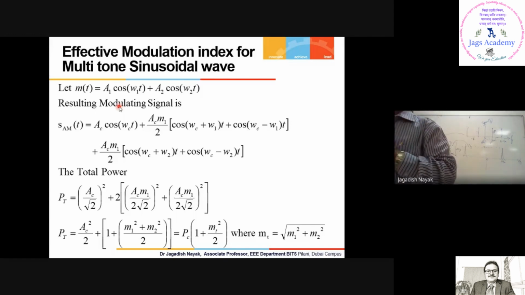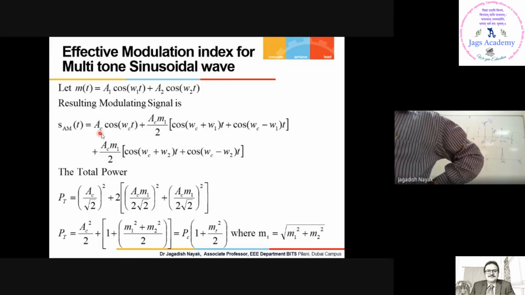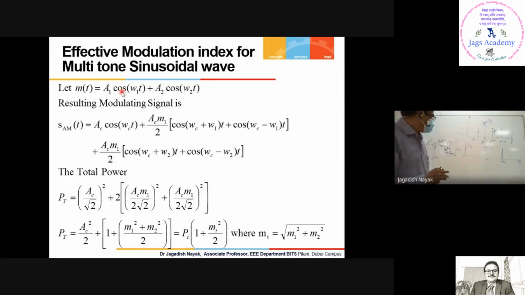Now can you write the power for this? Can you write the AM wave equation for this? Tell me. Your AM equation will be AC cos omega ct. So how do you get the equation for the AM wave? This is your m of t. I just skipped the step there. I think you all know mathematics, you can do better than me.